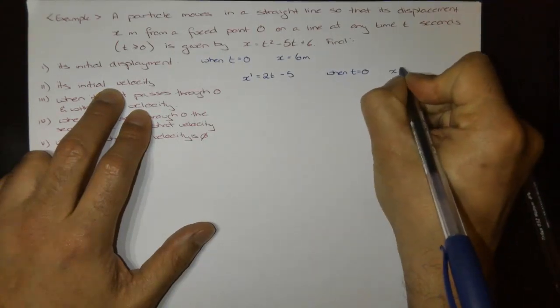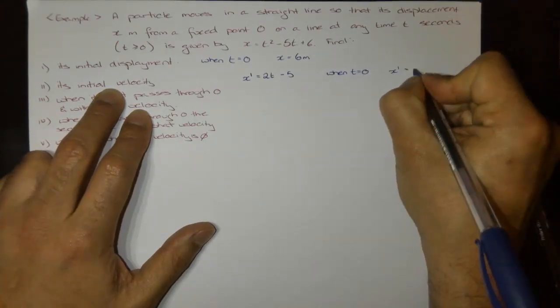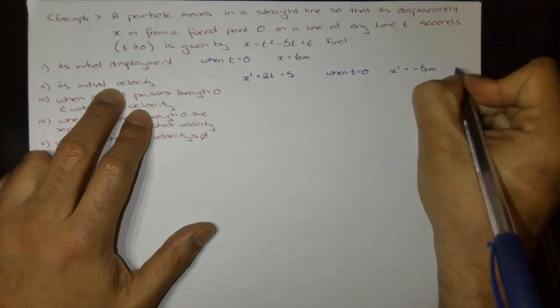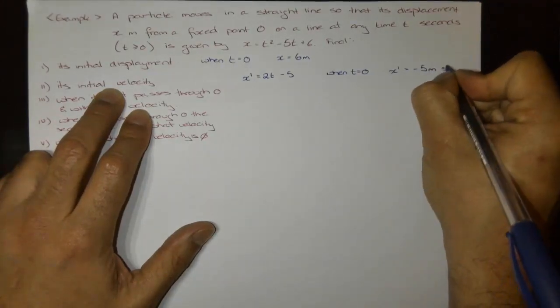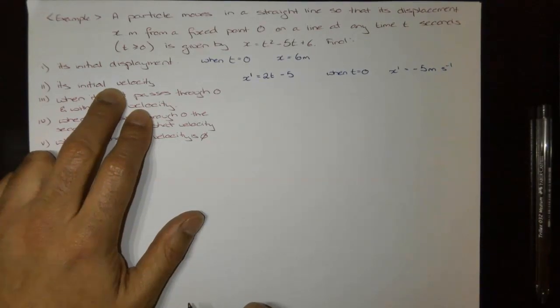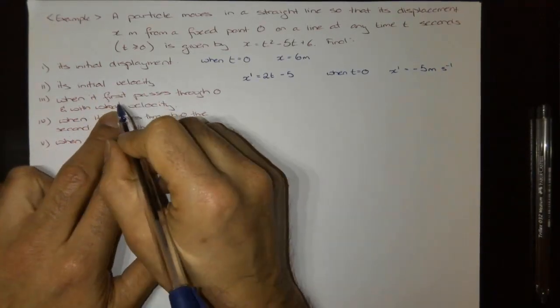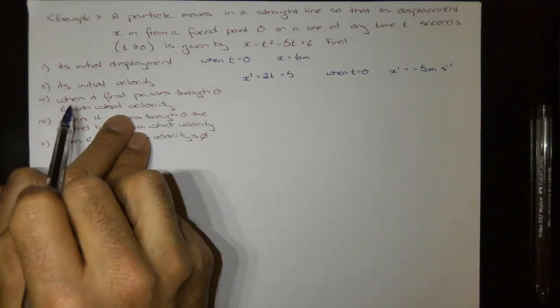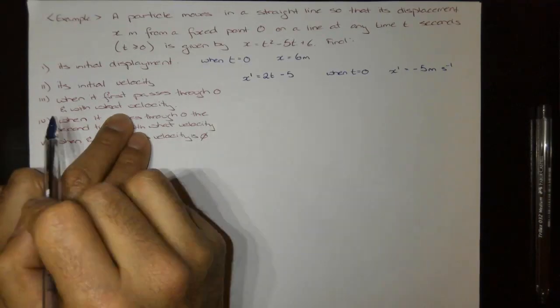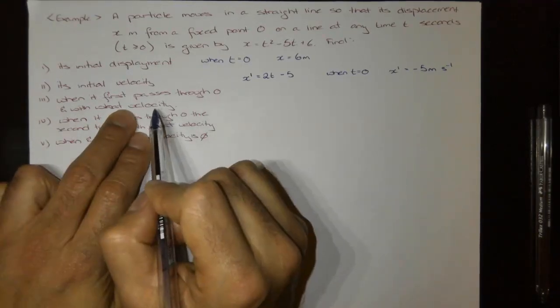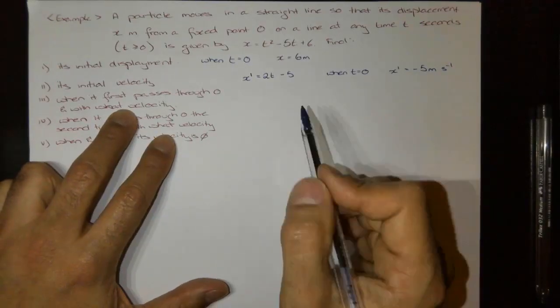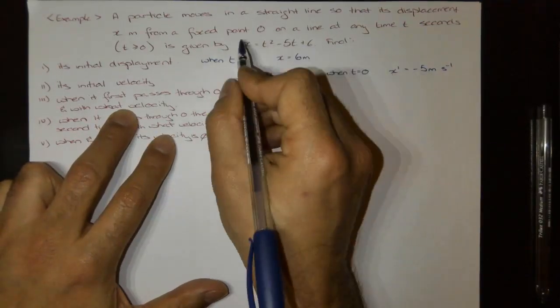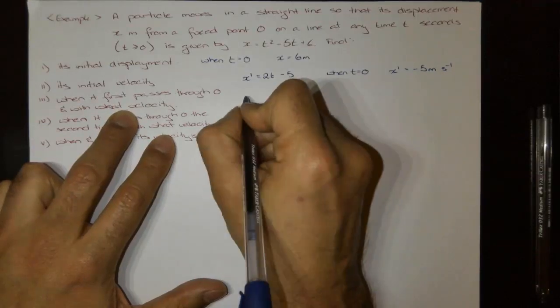We have the velocity is minus 5 meters per second. We want to then calculate when it first passes through 0 and with what velocity. When the first displacement passes through 0, all we're going to do is factorize that.